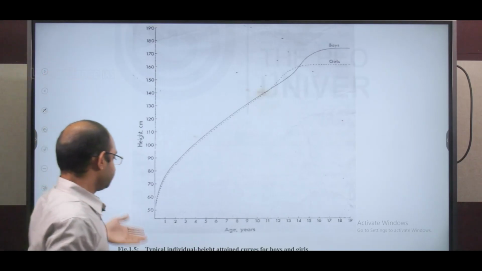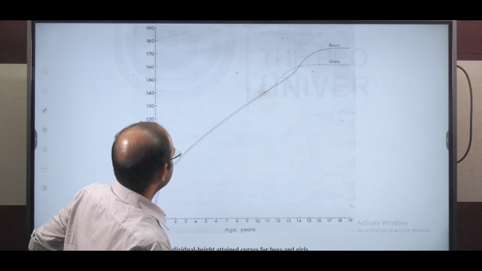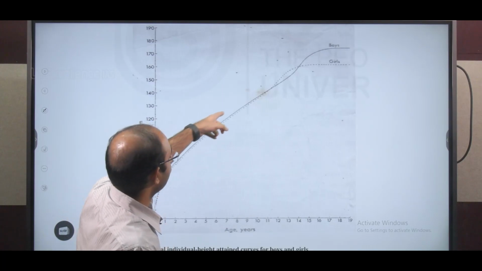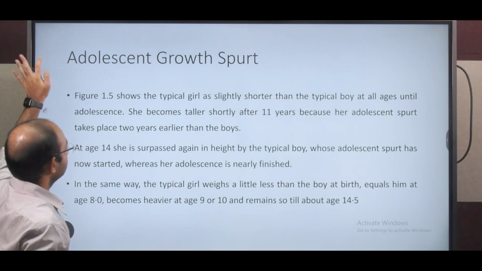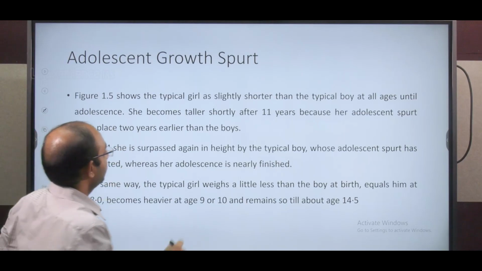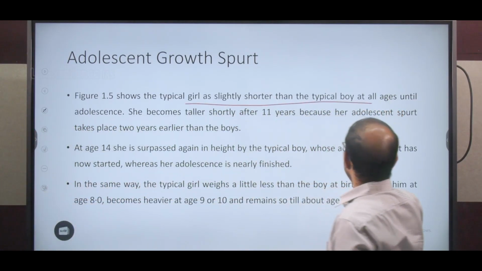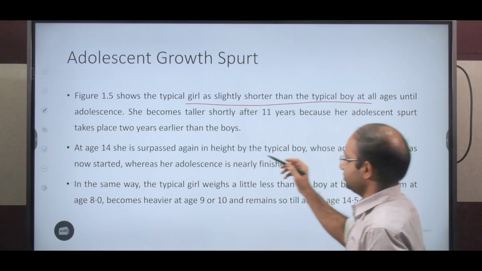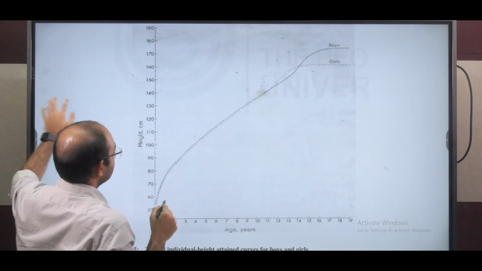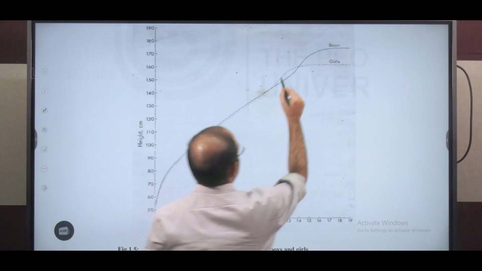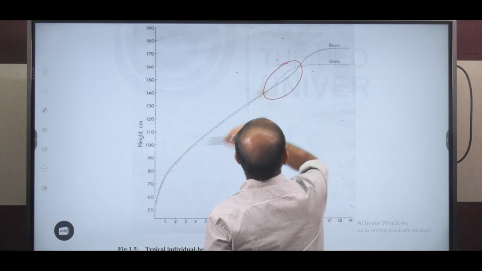This is another curve that shows how the height varies in boys and girls. Girls are slightly shorter than the typical boy at all ages until adolescence. Generally, if you look at this curve, girls are typically shorter, except for this short period.